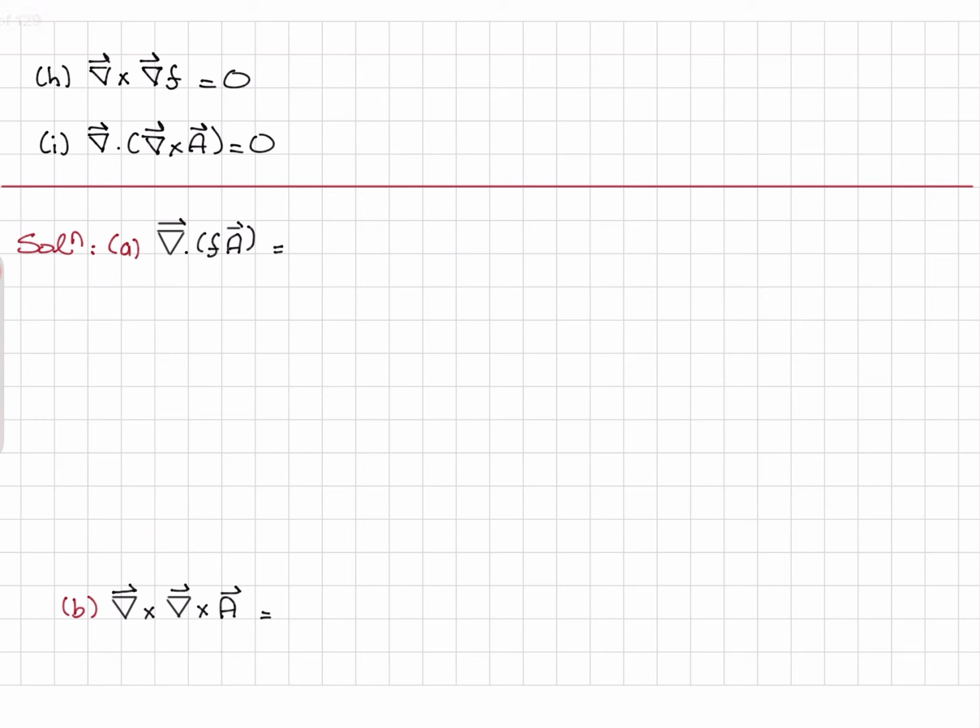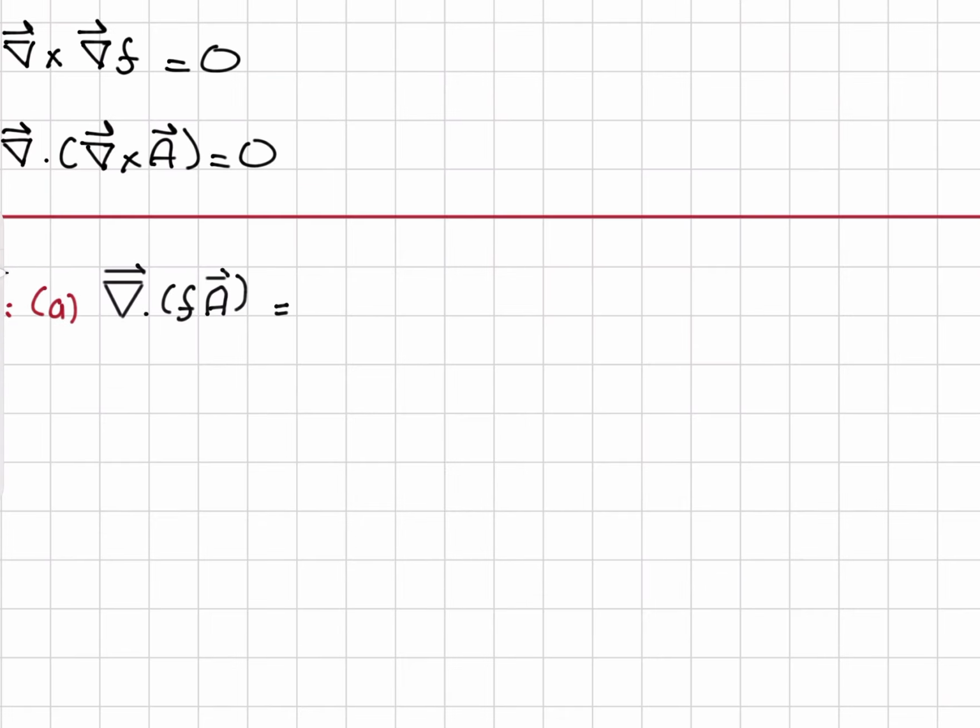So let's start with the divergence of the product of the scalar function f with vector A. Now we have our del operator written in subscript summation notation, del xi ei hat.